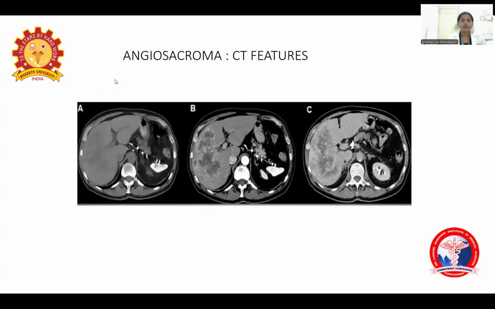On CT, it is an irregular hypodense lesion which shows irregular peripheral enhancement. The one feature of enhancement that favors angiosarcoma is the flame-shaped irregular progressive enhancement, but the enhancement is never complete.